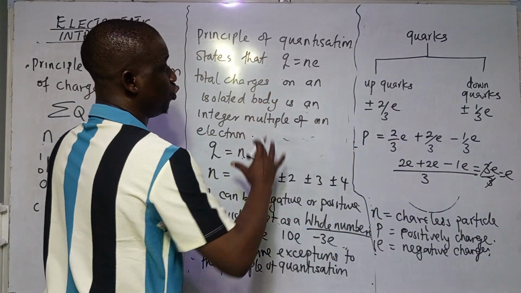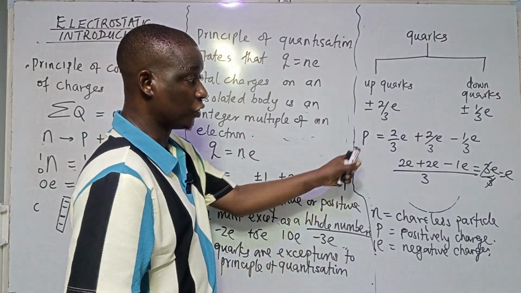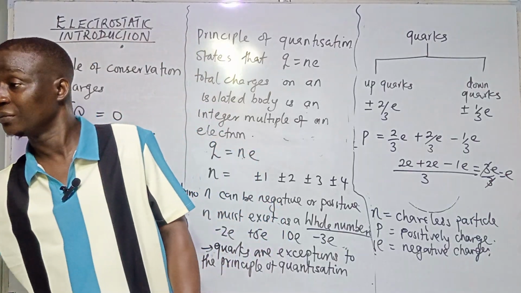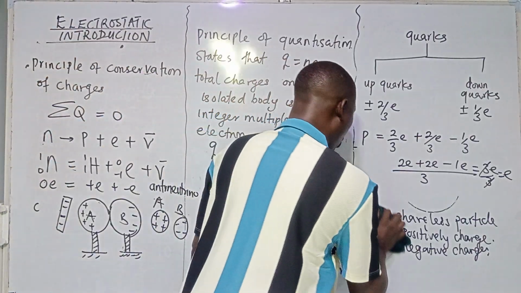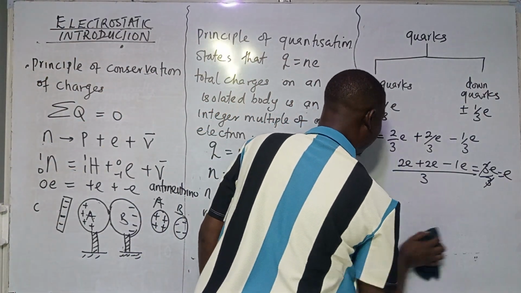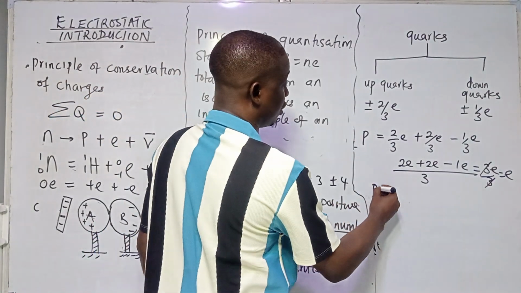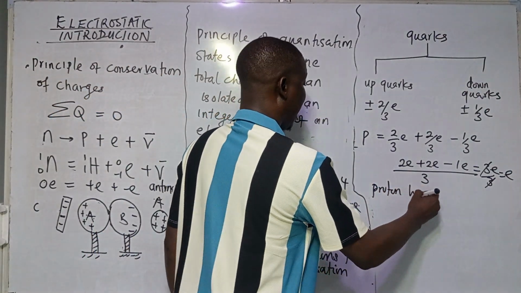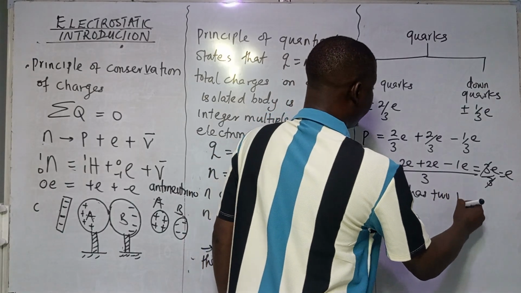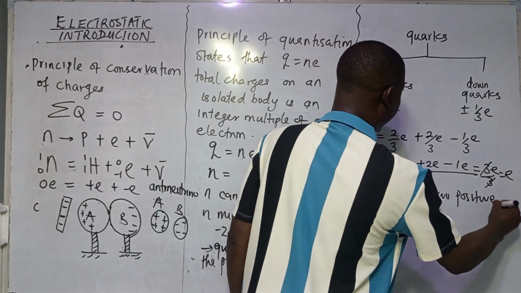If you check the table I gave you, I gave you e as proton. What does that signify? It means that a proton has 2 positive up quarks and 1 negative down quark.